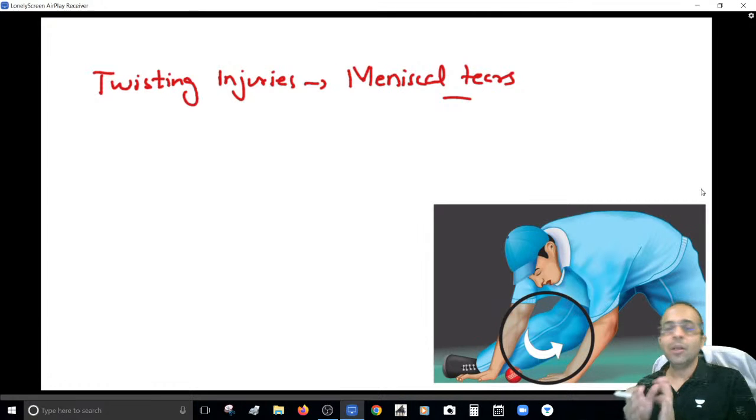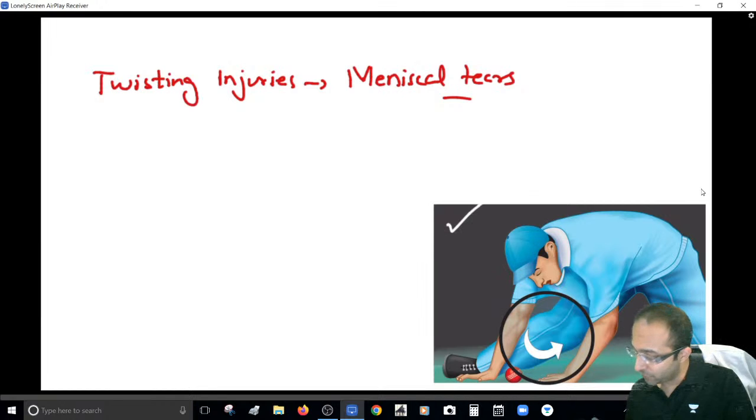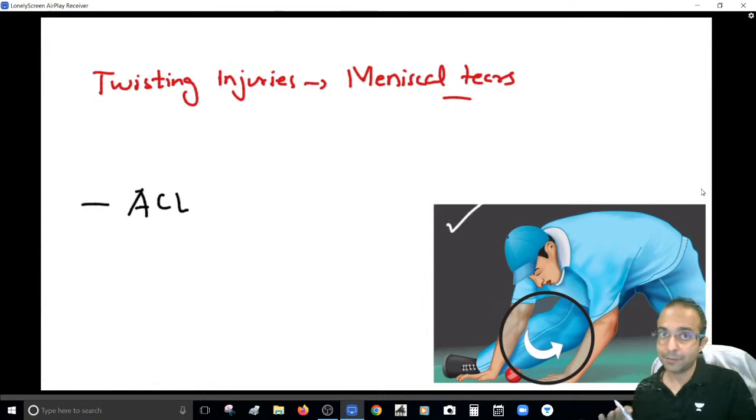But yes, most of the time when you get injuries in sports, a combination of forces act together. Like see this picture. This gentleman is trying to pick a ball, so he's suddenly going to get up. As he gets up, suddenly his knee is going to get an extension jerk. So that extension jerk will end up tearing the ACL, because extension tears the ACL.